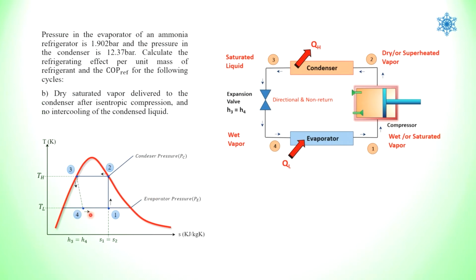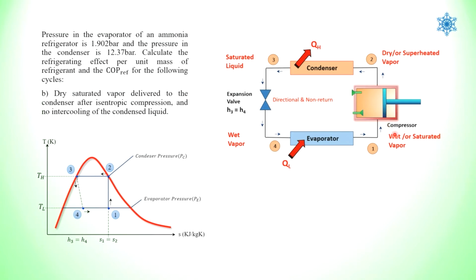But when you look at this, there is a limitation, that is your point 1. This one still needs to be modified. Because at point 1, the inlet to the compressor, the compressor cannot deal with a two-phase substance, that means liquid plus vapor. It only deals with vapor.